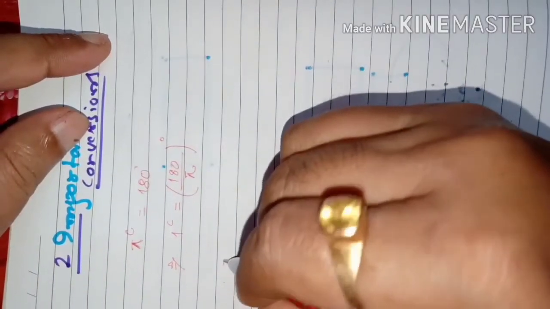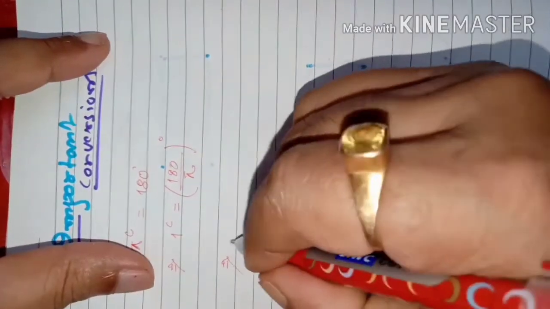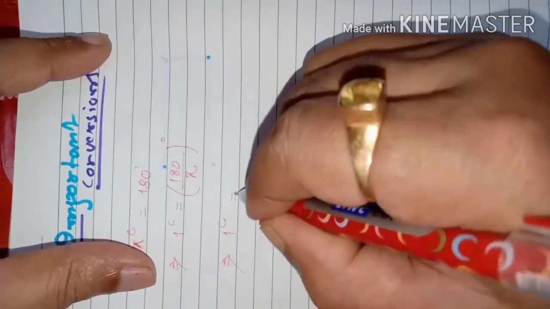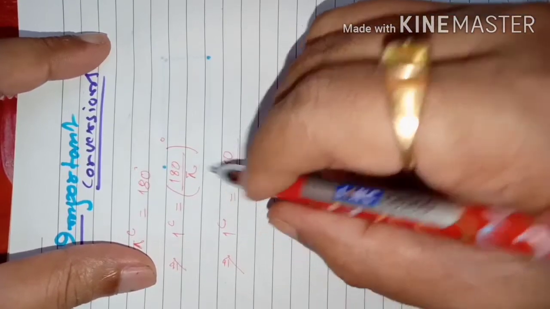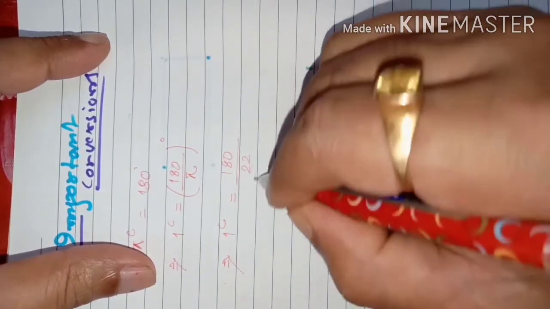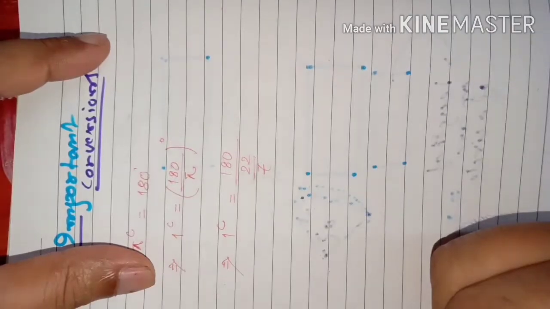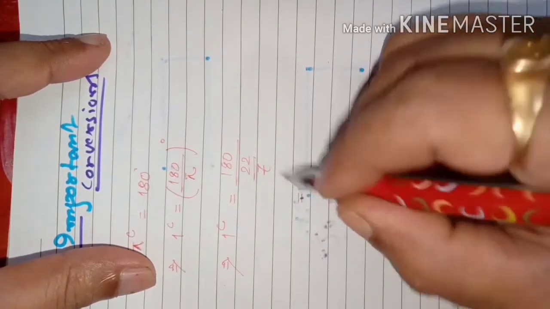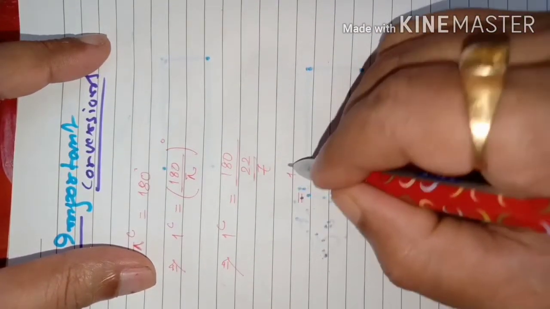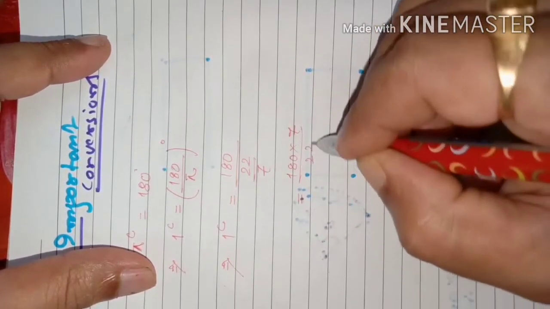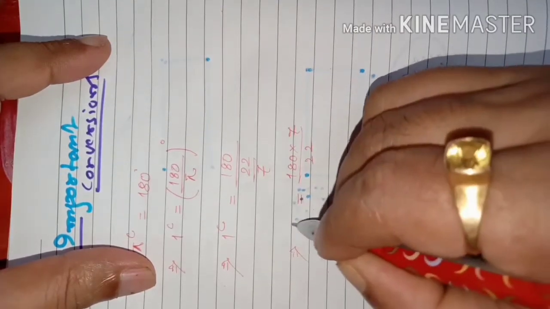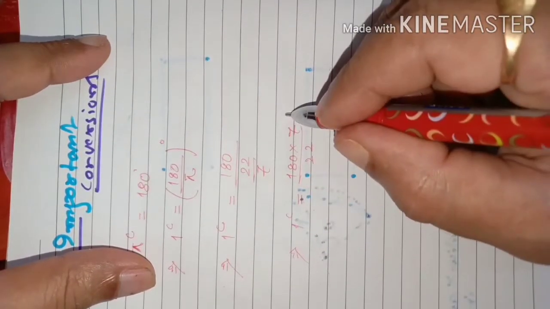Pi, its value all of us know, that is 22 by 7. So 1 radian is equal to 180 divided by 22 by 7. If we take this 7 up to the numerator side, it is 180 into 7 by 22. So we are talking about 1 radian. 1 radian is this much degree.